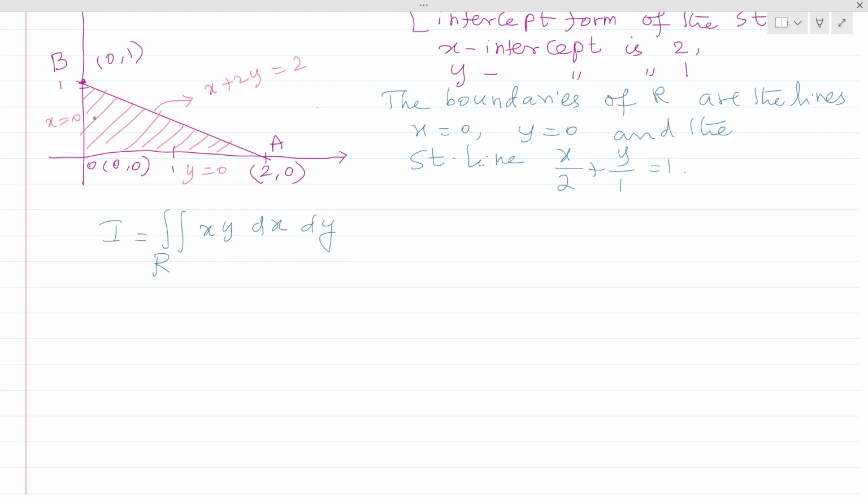Therefore we can draw a parallel line to x-axis. In case we are taking this as straight line PQ, which is in the region.